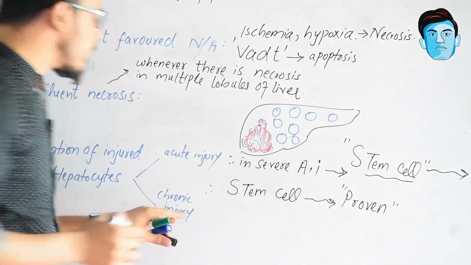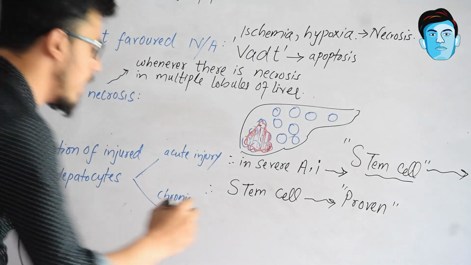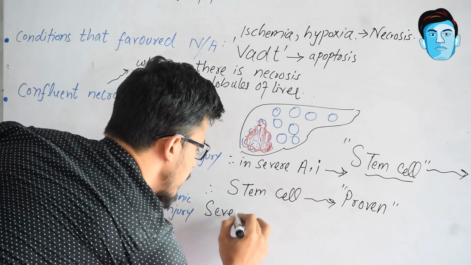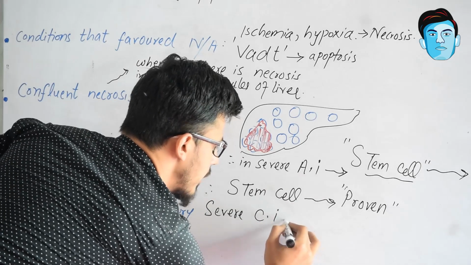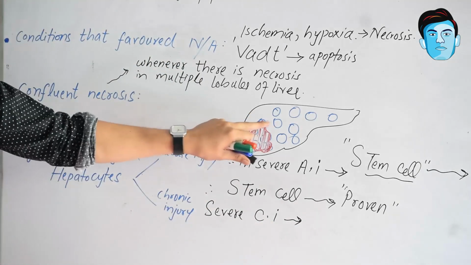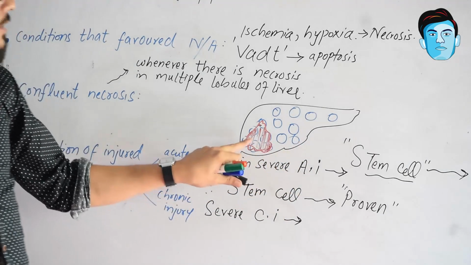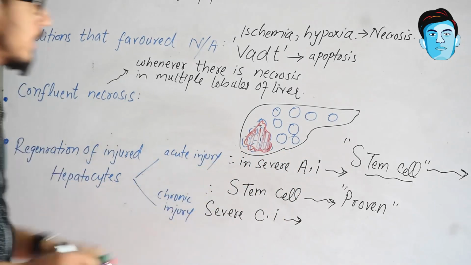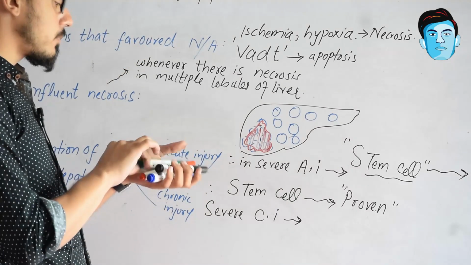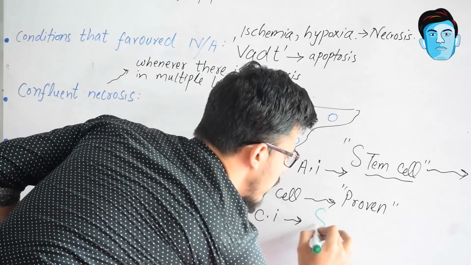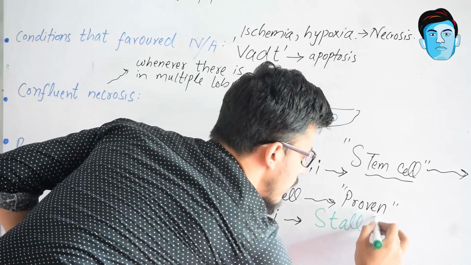But if there is severe chronic injury, in that condition neither adjacent hepatocytes nor stem cells are able to replicate and replace the injured hepatocytes. So in that condition, there are special cells called stellate cells.